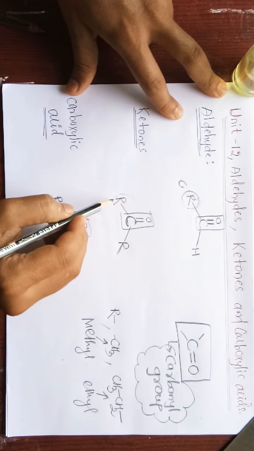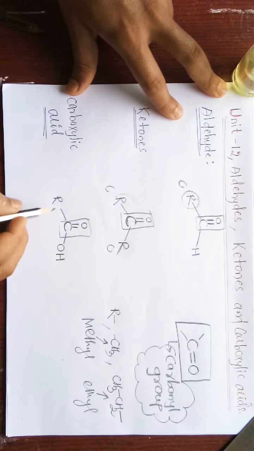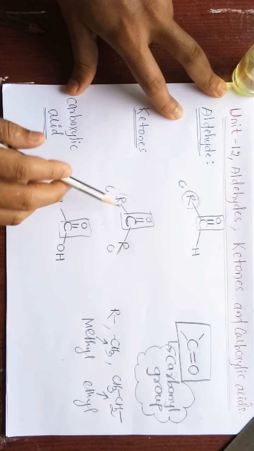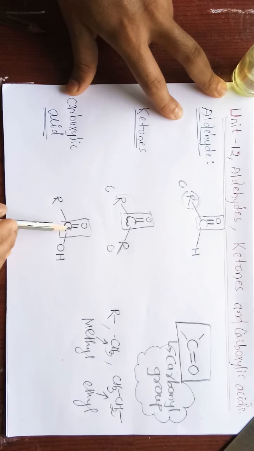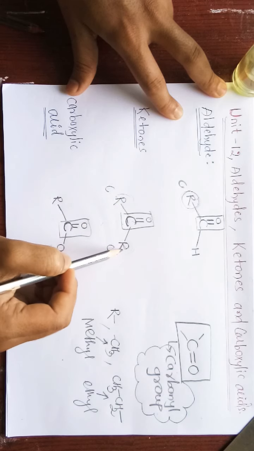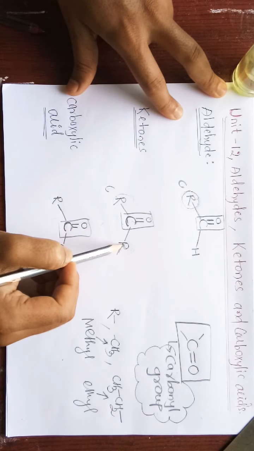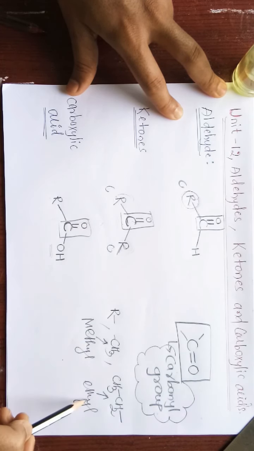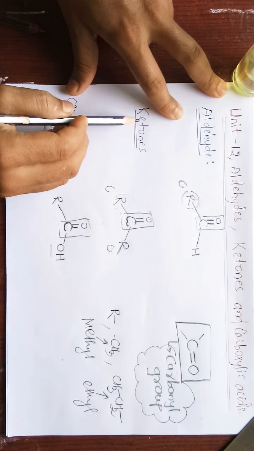So here on both sides carbon, if we write this, this is the ketone. Now this one is carboxylic acid: carbonyl group, here OH group. If the carbonyl group is directly bonded to the OH group, then this is a carboxylic acid. If the carbonyl group is bonded on both sides by any alkyl groups, methyl or ethyl groups, that we call a ketone.